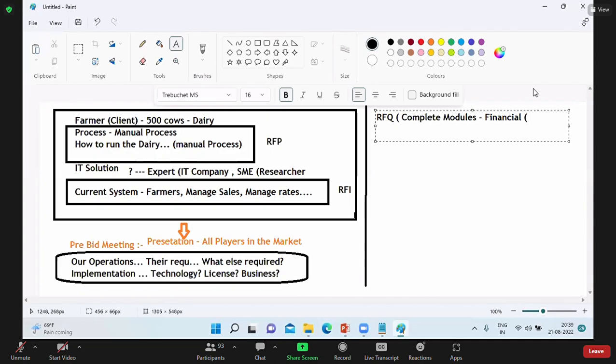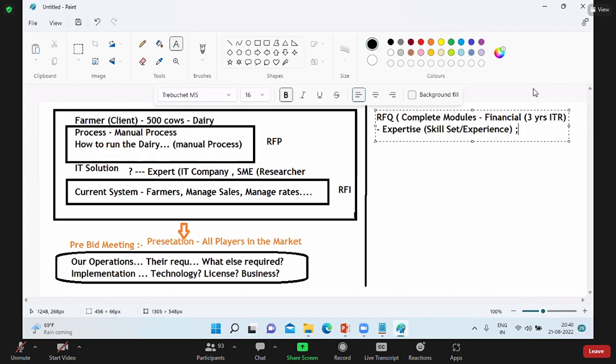Maybe we ask for the last 3 years or 5 years IT returns, depending upon the size and volume of the project. And then they'll ask about the expertise. Some projects will clearly ask for so-and-so skill set with so-and-so experience, because they want high-end expertise.